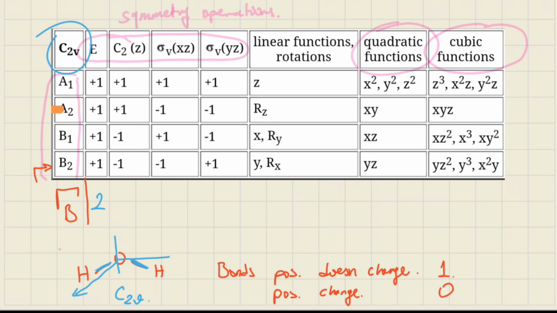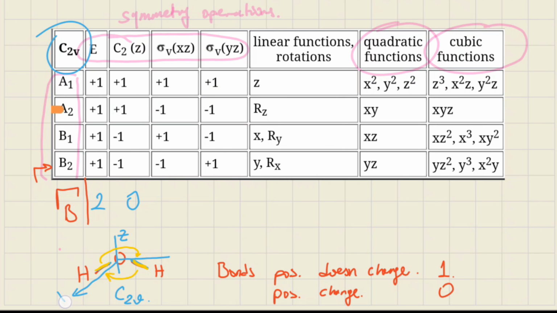So this is the z coordinate, and if I apply C2 here, this bond will go to this position, and this bond will go to the other bond's position, which means that the positions changed, and I will write 0. And I will look at the sigma v plane, which is the xz plane.